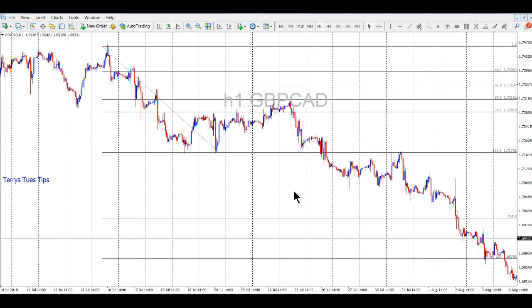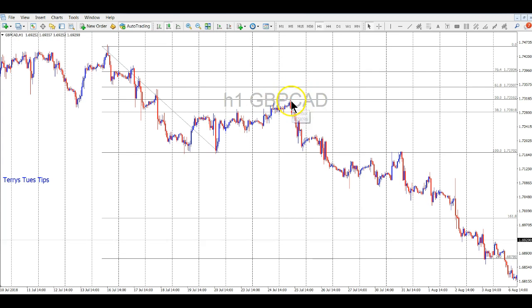The first way that I use them is to find a retrace, which is a potential area that our price is going to pull back to, so we could get in a trade in the direction of the initial trend. As you can see, the trend's going down here on this fib, and then it pulled back.